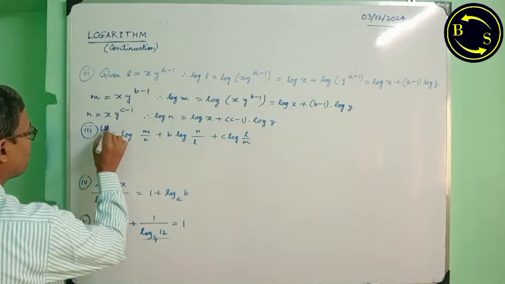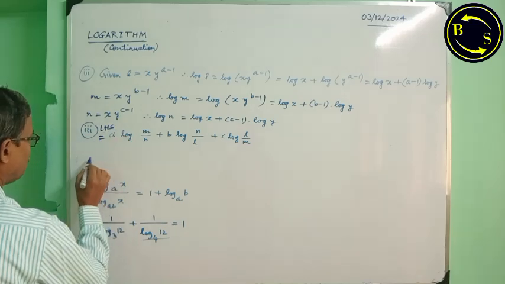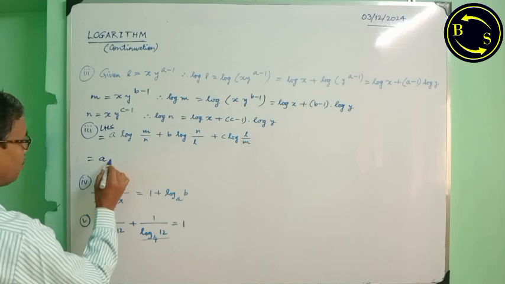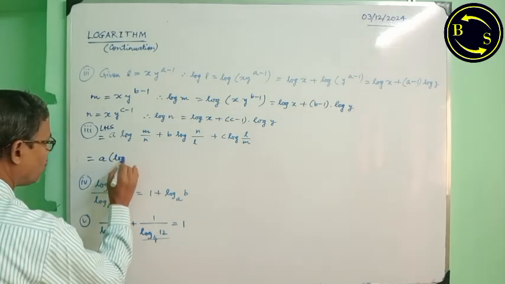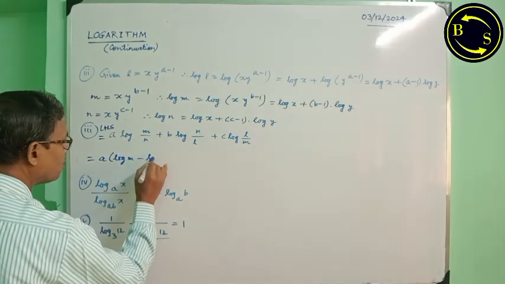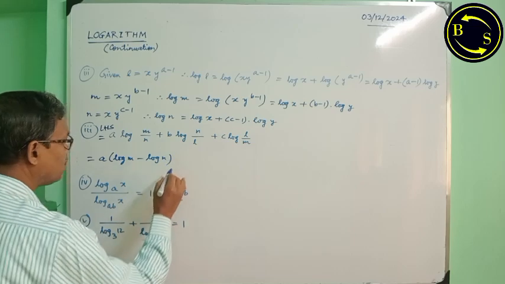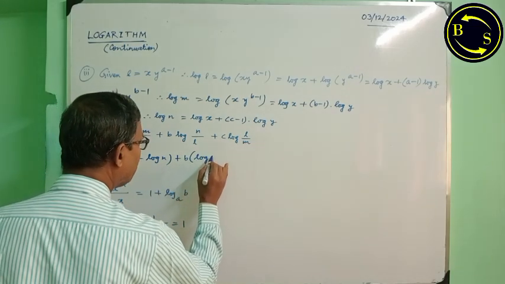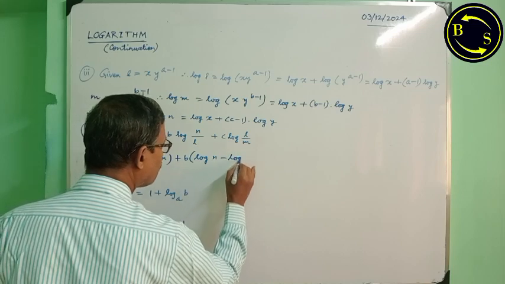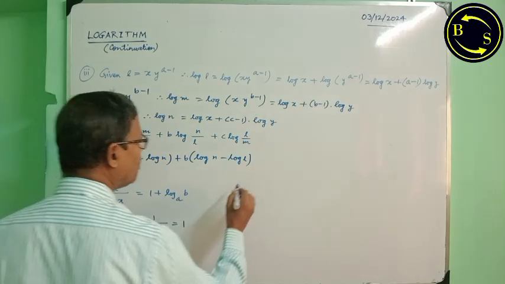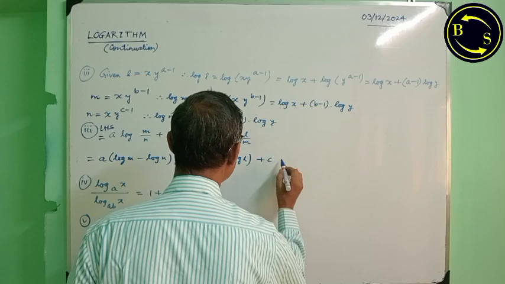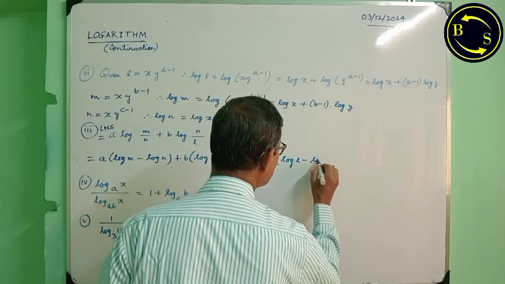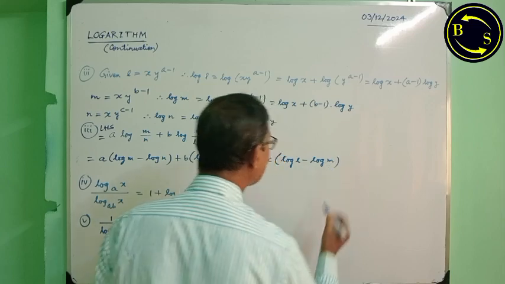This is the left hand side: a into log of m by n, which means log m minus log n, plus b into log n minus log l, plus c into log l minus log m.